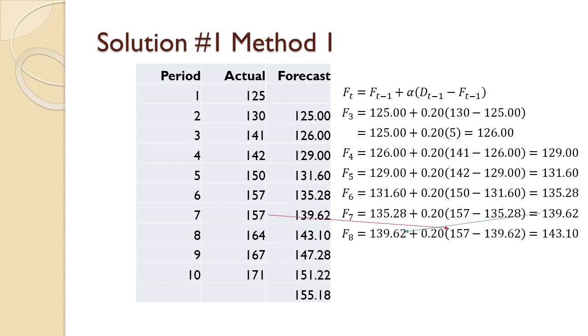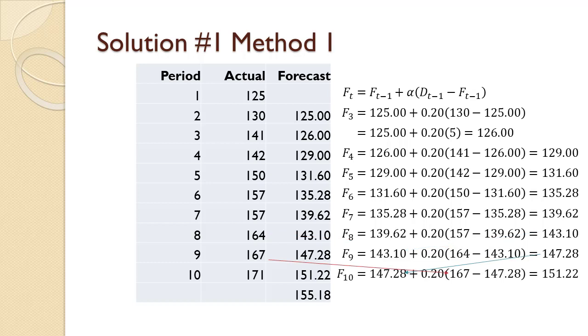For period 8, F8 equals 139.62 plus 0.20 times the difference between 157 and 139.62. That works out to 143.10. For period 9, F9 equals 143.10 plus 0.20 times the difference between 164 and 143.10. That works out to 147.28.